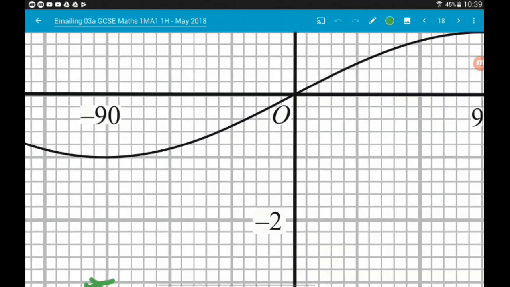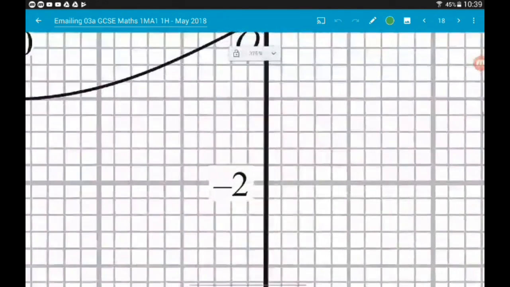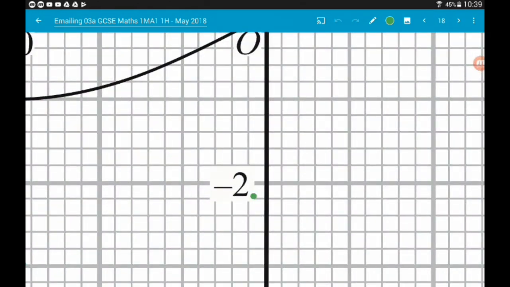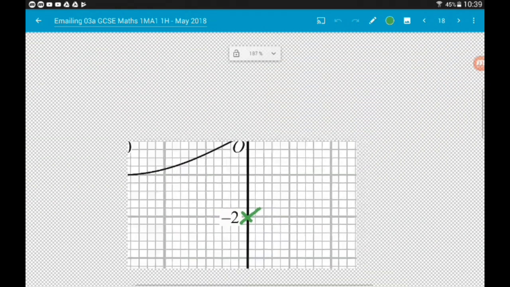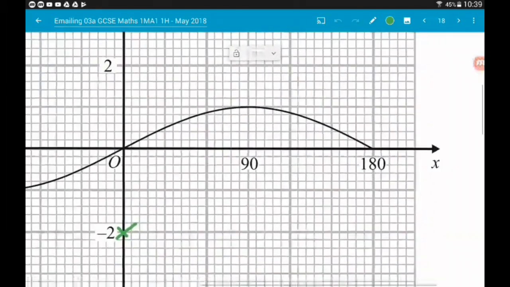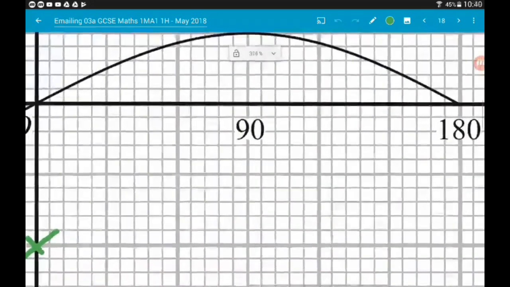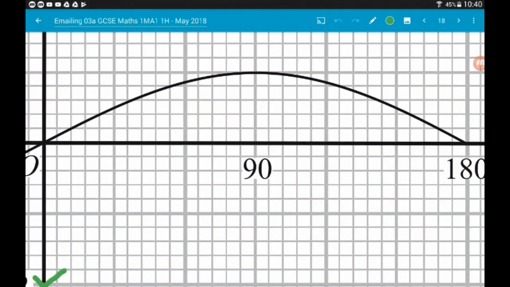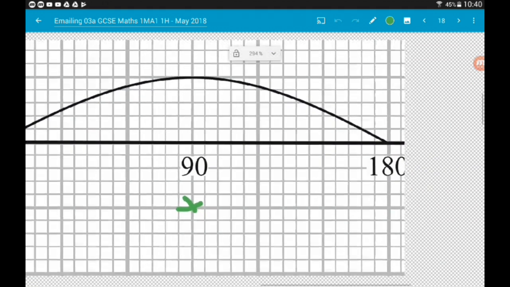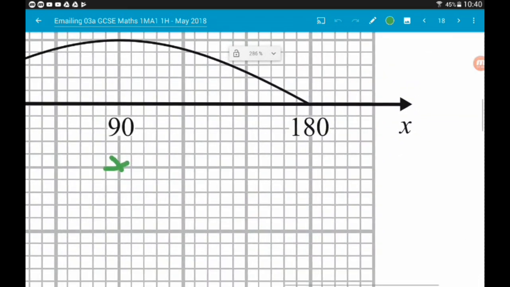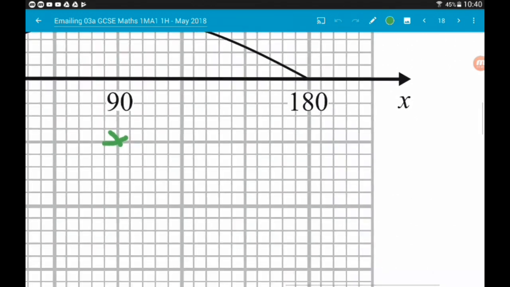The point that went through 0, 0 is now going to be 0, minus 2. The peak at 90, 1 is now going to be 90, minus 1. So that's going to be there. And then this final point at 180, 0 is now going to be 180, minus 2.